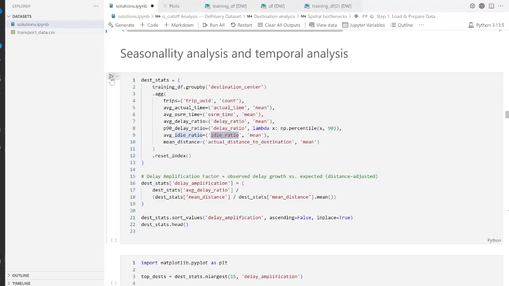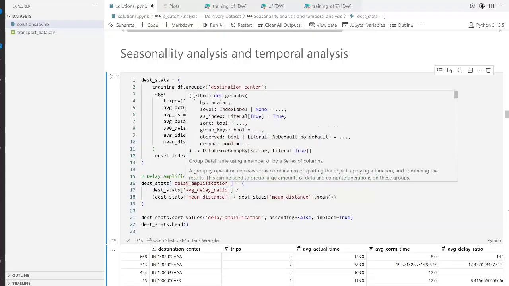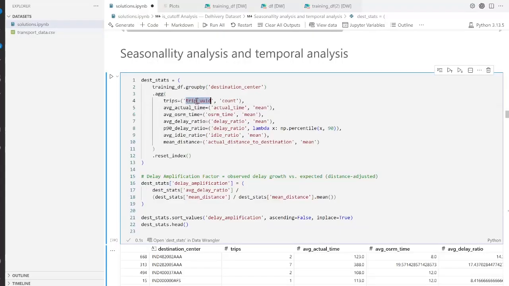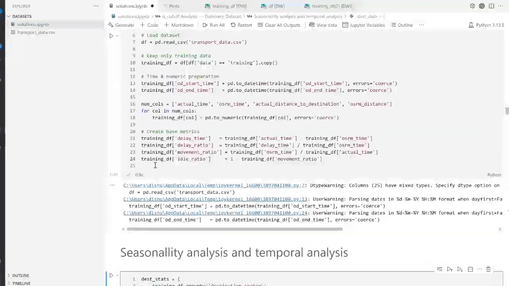So for doing the seasonality analysis, we have to group the data on a trip ID level, and we are taking a count. Overall count is giving us the number of hubs, or different destination and source centers, we have in that trip, and we are taking the average of all the time related features we engineered over here.